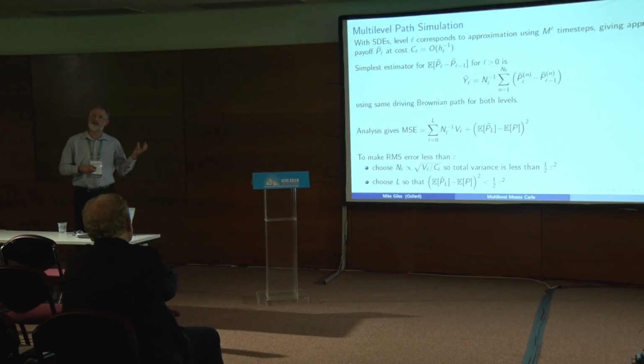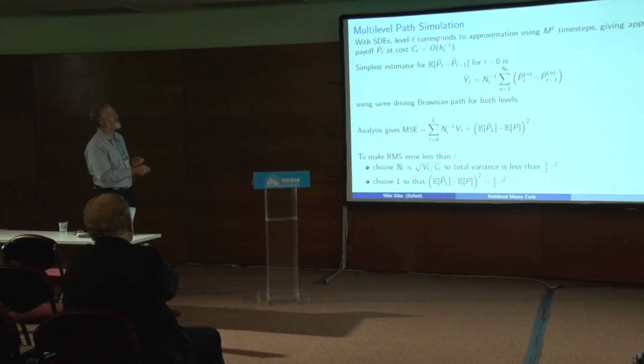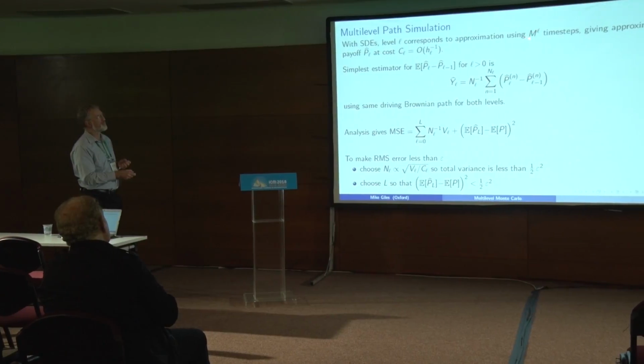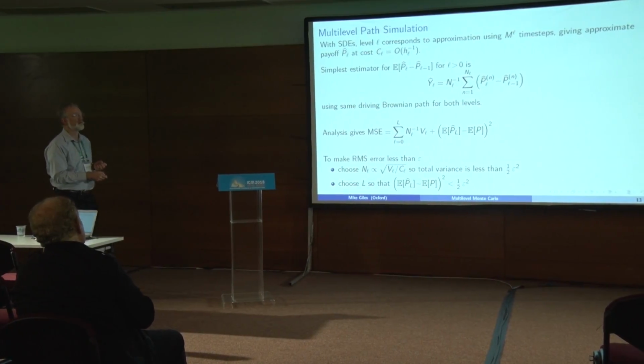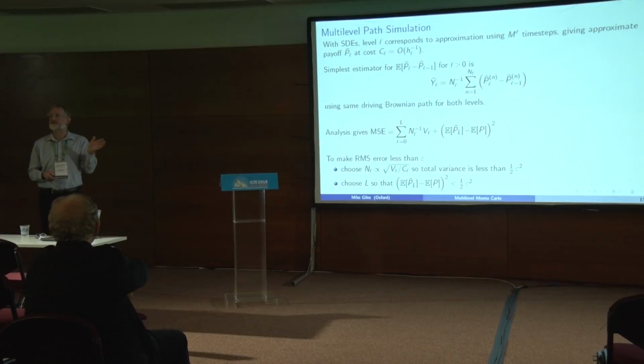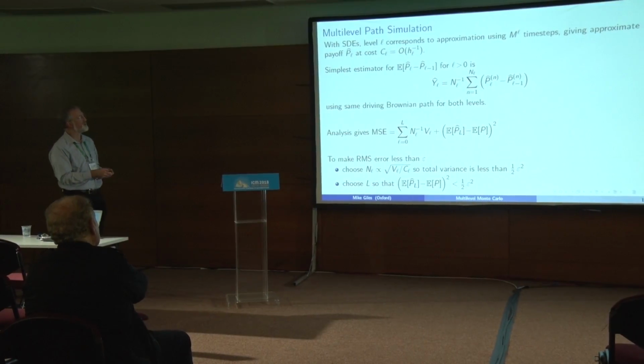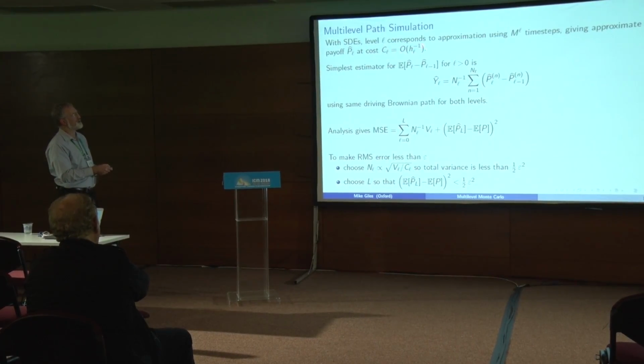So let's go back to the SDE example I was interested in. On level L, I'm using capital M to the L time steps. Typically, I'll go in powers of 2 or maybe 4 on the different levels. Then the cost will be inversely proportional to the size of the time step h. My estimator then is the expected value of the difference between the simulation on level L and the simulation on level L minus 1.